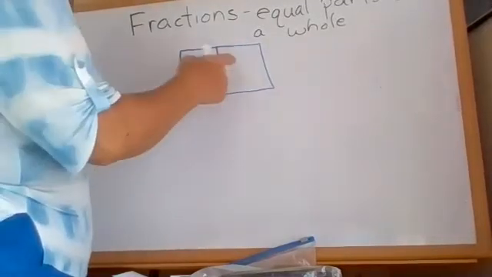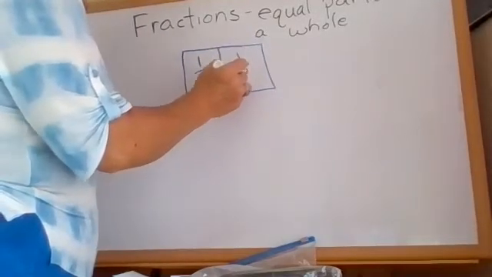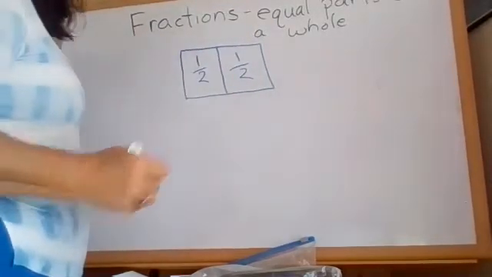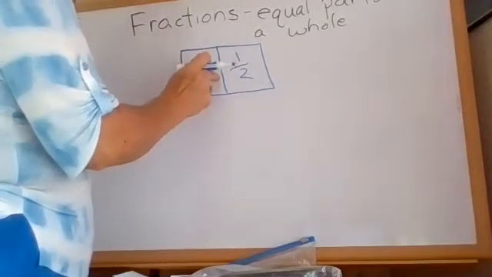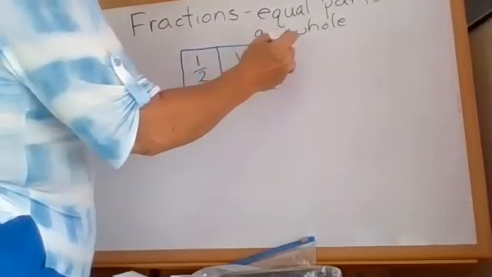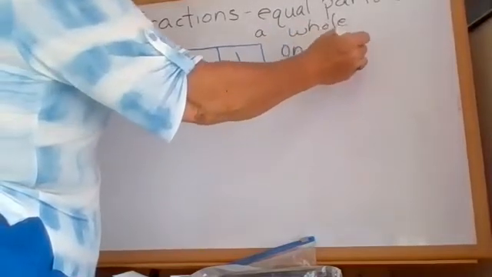What do we call each one of these halves? We call each portion 1/2 because I have two equal portions, 1, 2.